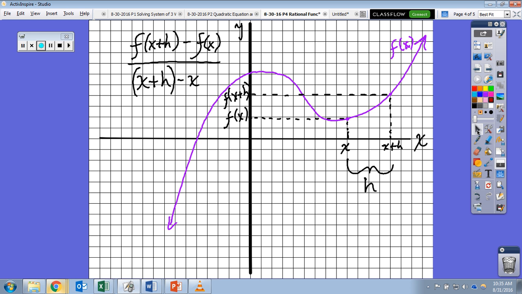What would be the limit, the value of this, as this distance approaches 0? And that is the derivative.